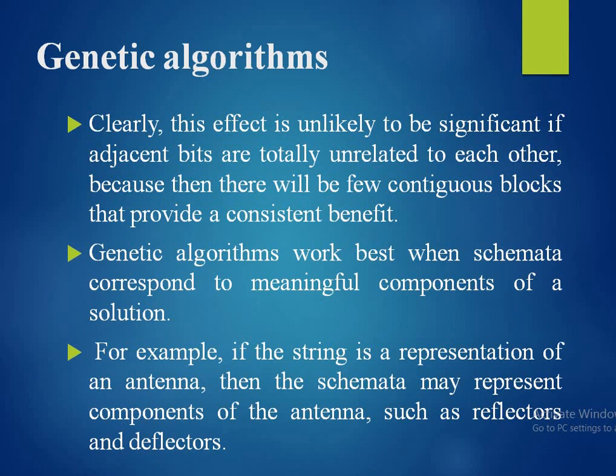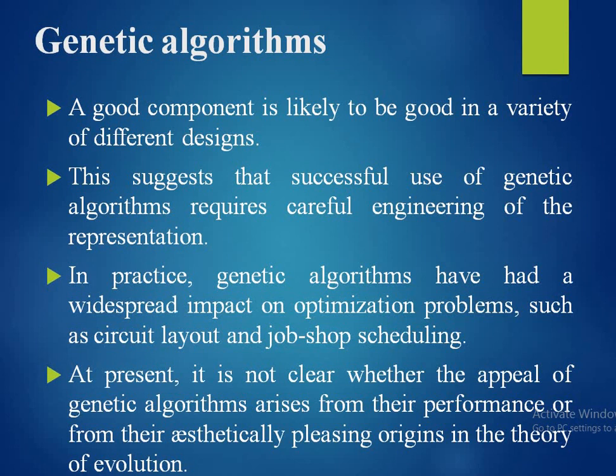For example, if the string is a representation of an antenna, then the schemata may represent components of the antenna, such as reflectors and deflectors. A good component is likely to be good in a variety of different designs. This suggests that successful use of genetic algorithms requires careful engineering of the representation.